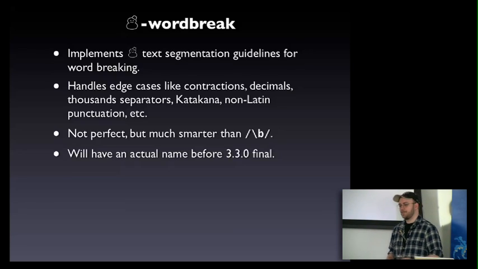You can't just assume that wherever there's a space character or some punctuation, that's a word break, because there are tons of edge cases, not least of which is that some languages don't use spaces between words. Even in English, we have apostrophes in contractions, but we also sometimes use apostrophes to quote things. So you want to break on quotes, you don't want to break when it's a contraction, and you don't want to break on thousands separators. Lots of fun logic there.